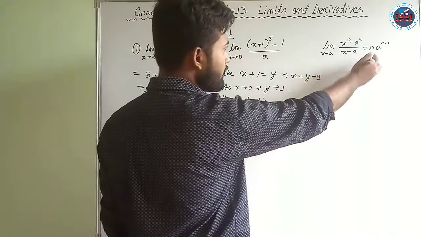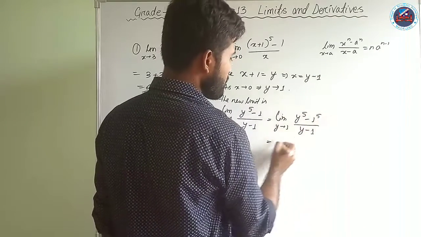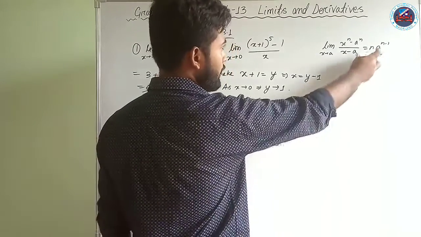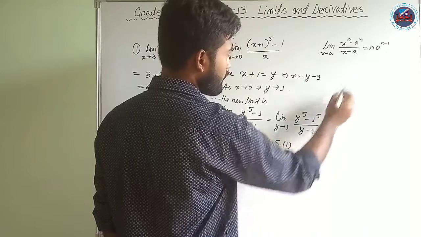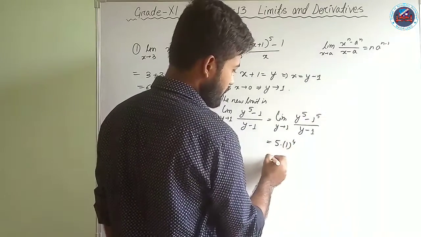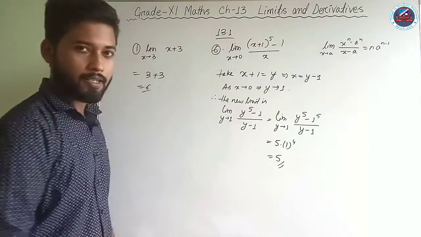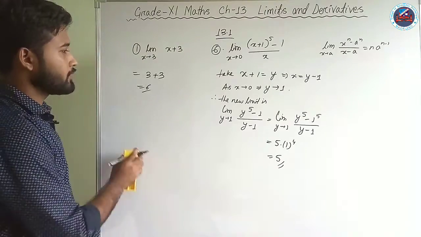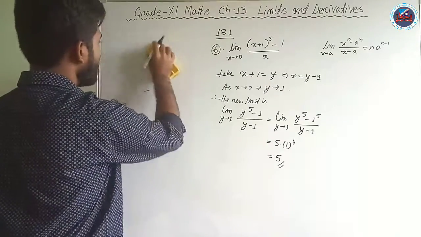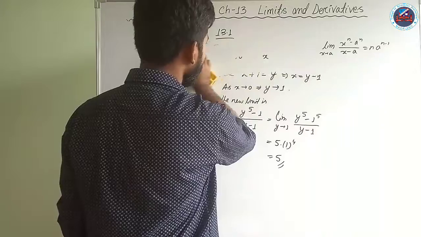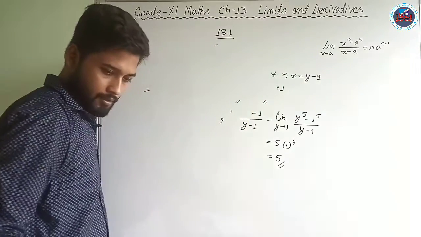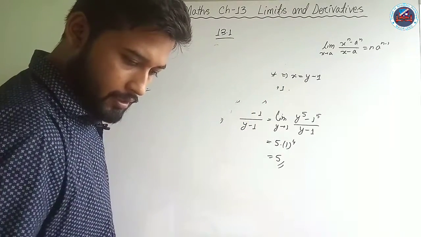So what does it say here? What is n? n is 5. What is our a? It is 1, and n minus 1 is 4, so our result will be 5. Quite easy, only you have to use the properties properly. Next, let us see question number 8.